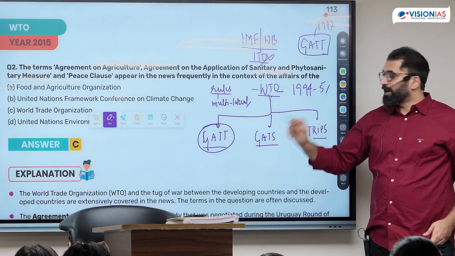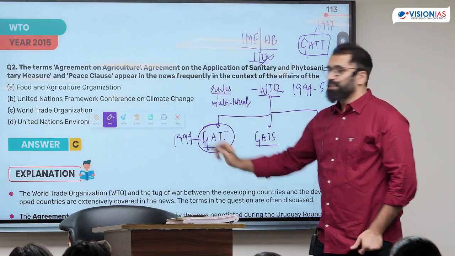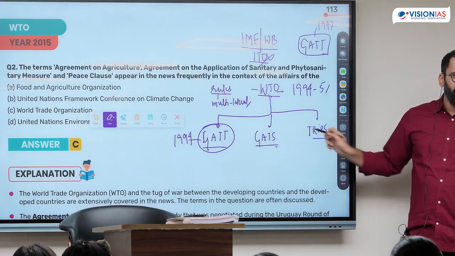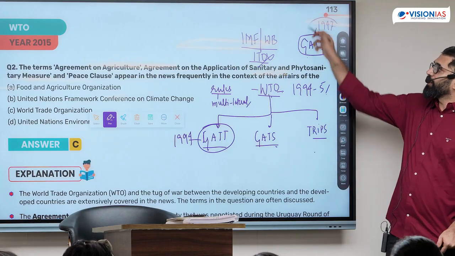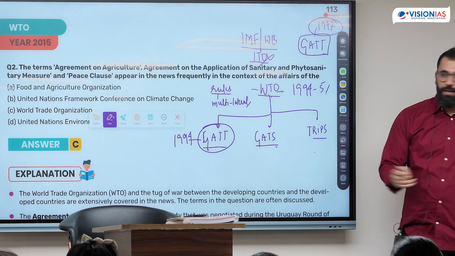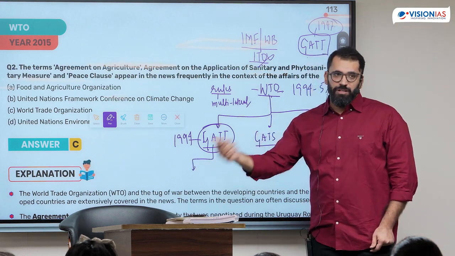And when the negotiation happened, this GATT 1947 was replaced by a new GATT passed in 94. Two new areas added, trade in services and intellectual property rights. These two things did not exist when trade happened at that time. This is also why GATT was required. As part of GATT, new foundational agreements also came in.